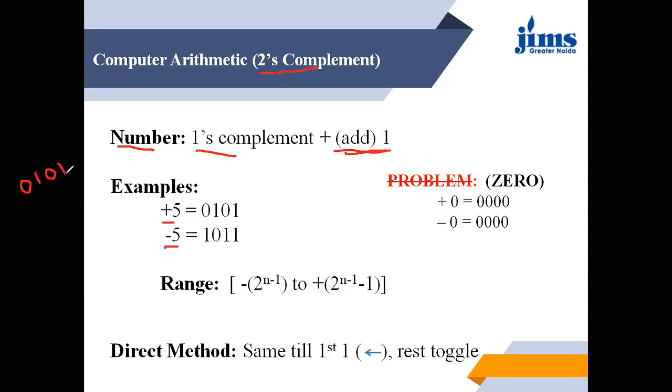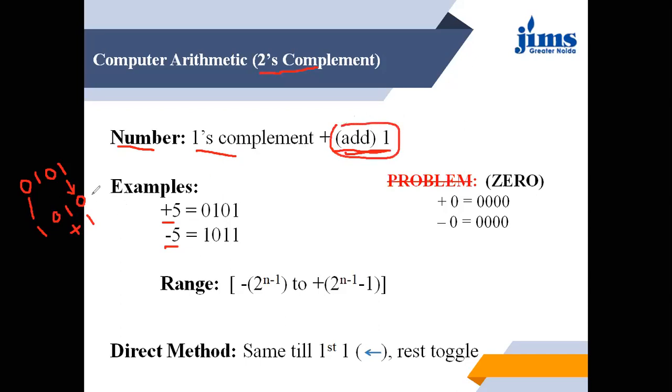When I have to represent this in one's complement, I have to toggle the bits. So it will convert from 1 to 0, 0 to 1, 1 to 0, and 0 to 1. So this is the one's complement representation of 5, and when I have to find the two's complement, we add 1 to the one's complement.